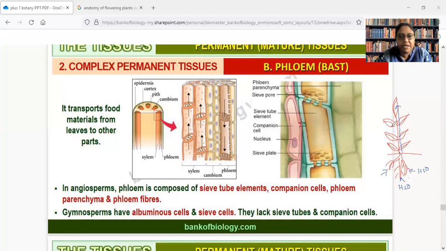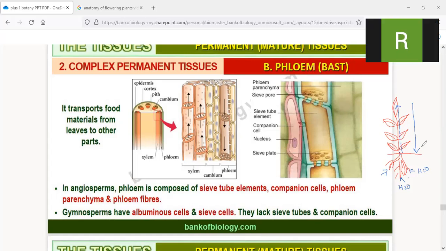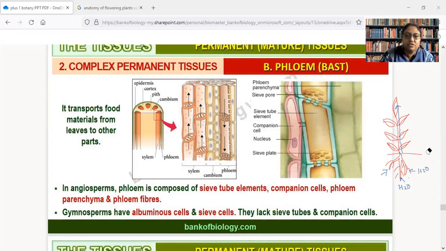Obviously, there will be no chance of transportation of water from bottom to top. Do you think this option will be there? Class, can water be transported? No, because there is no source of water at the top, beta. Water they are going to get from bottom only. So that's why the transportation of water is always unidirectional.